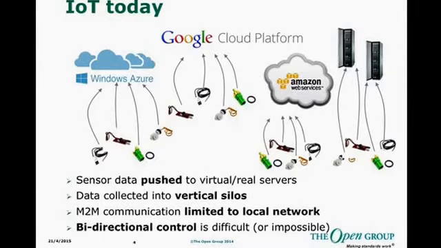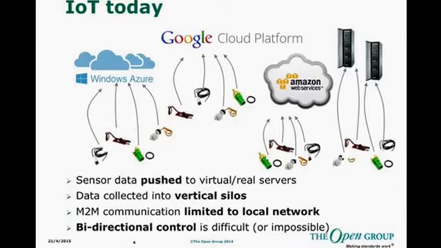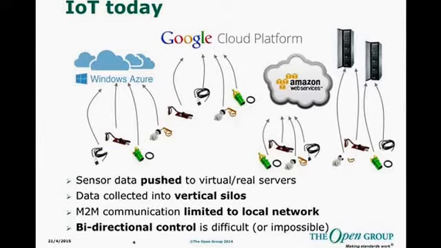And it seems to be the case quite often that you might have several sets of sensors measuring the same thing at the same place, but just feeding different platforms and applications. So that's what is meant by this point saying that data is collected into vertical silos. You would have loads of interesting and useful data and information potentially available, but it's difficult to use it because it is collected to these specific applications or platforms.